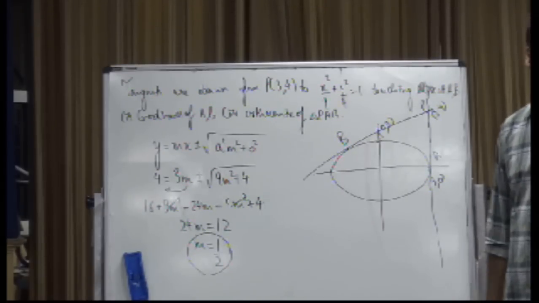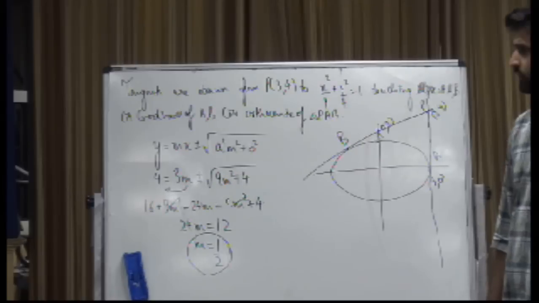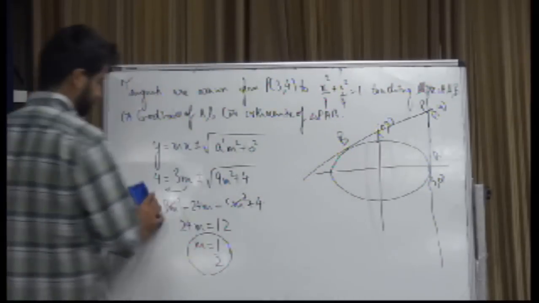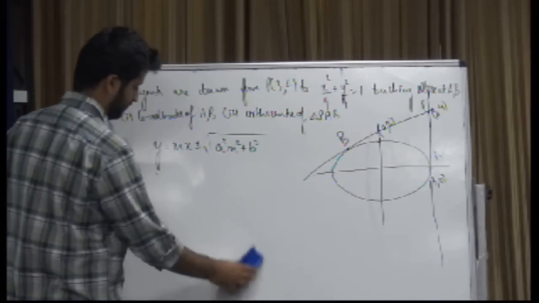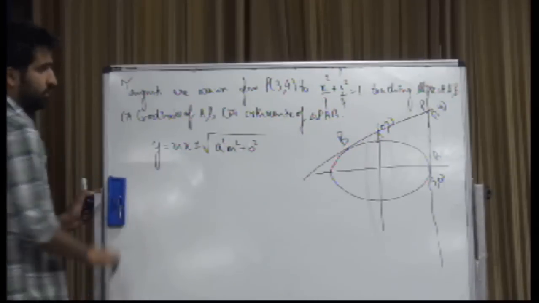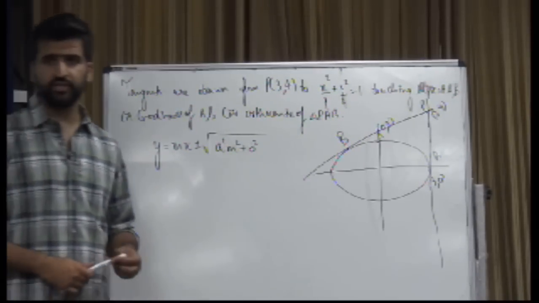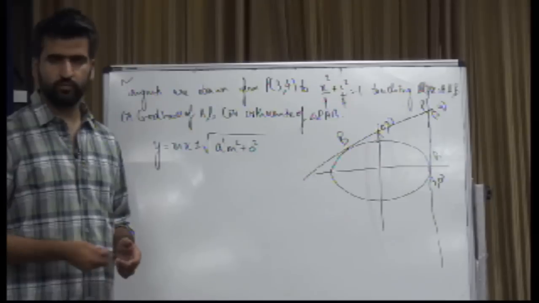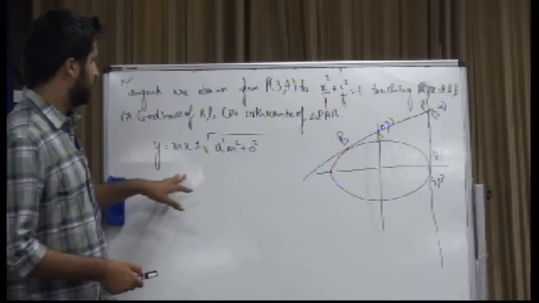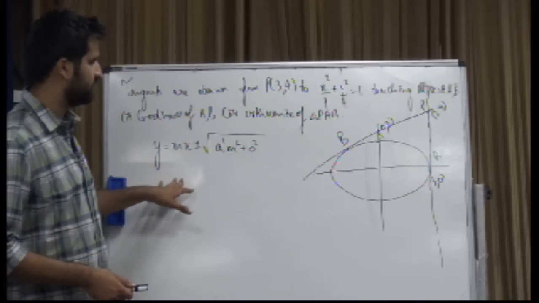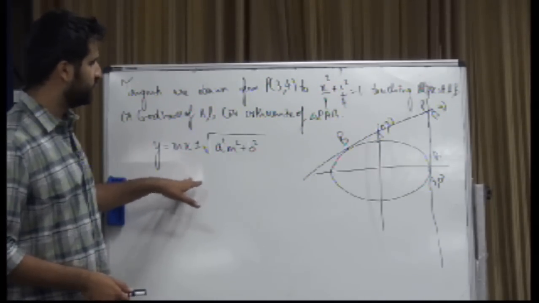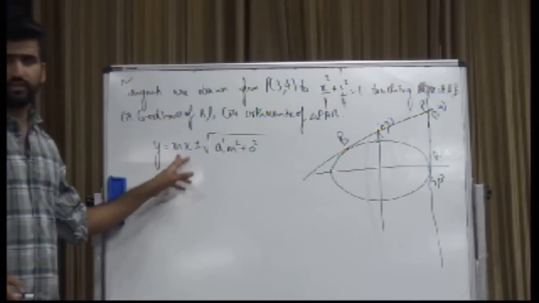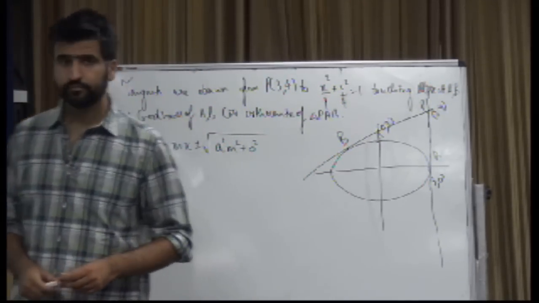Some other method. So you know the ellipse equation is satisfied. You get equations, you can solve it. But let's see some other, simpler way. So you know the equation of this tangent will be the equation with the slope half, right?